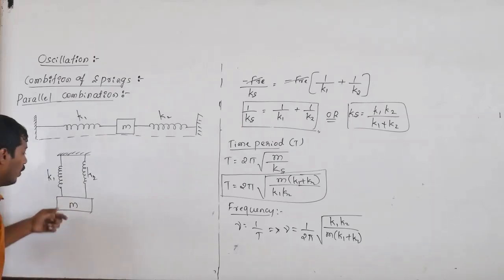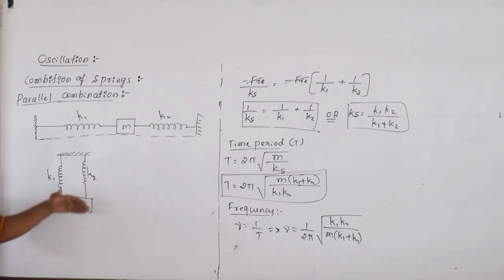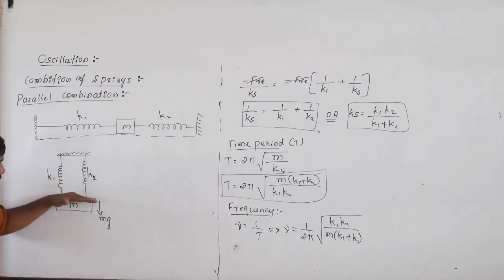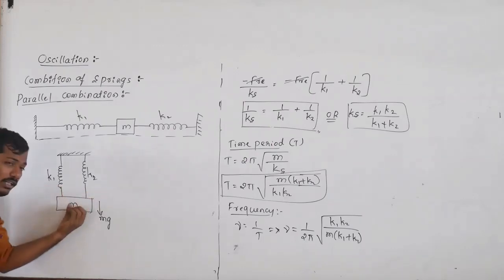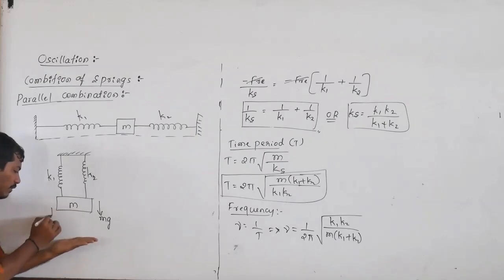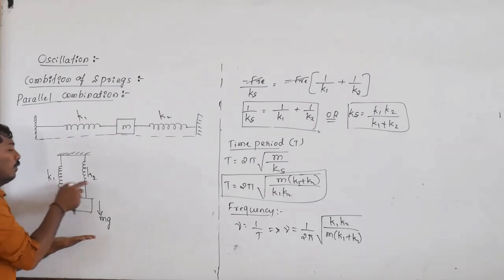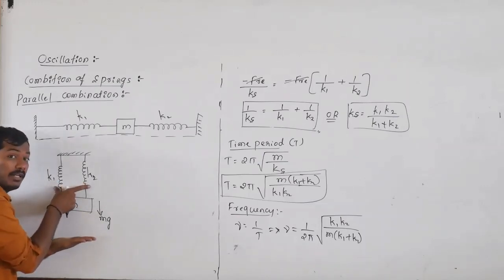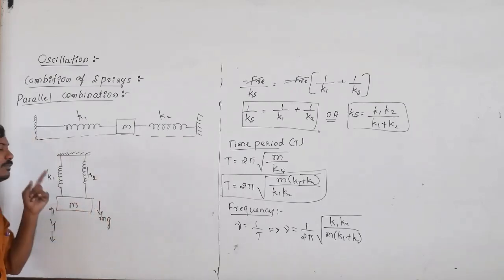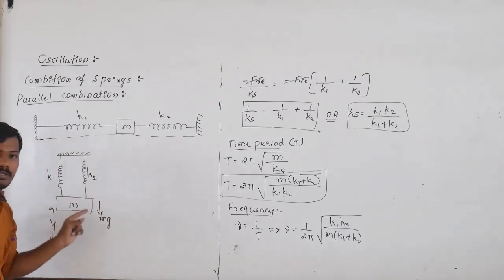In this form, when the mass is under gravity, that is mg, it is moving downwards. How much is it displaced? Call the displacement of the body y. If it is y, then what happened to the springs? The elongation of both springs is always the same. It means in parallel combination, the displacement is always the same.